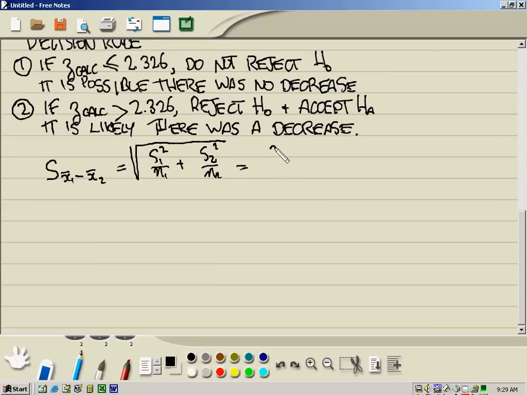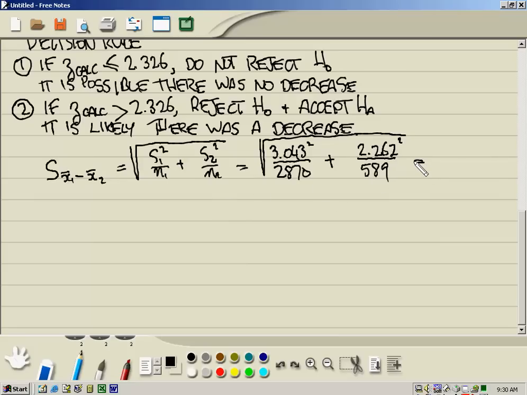So the data here is 3.043 squared divided by the sample size of 2870, plus 2.262 squared divided by the sample size of 589. That's the square root of that whole thing.